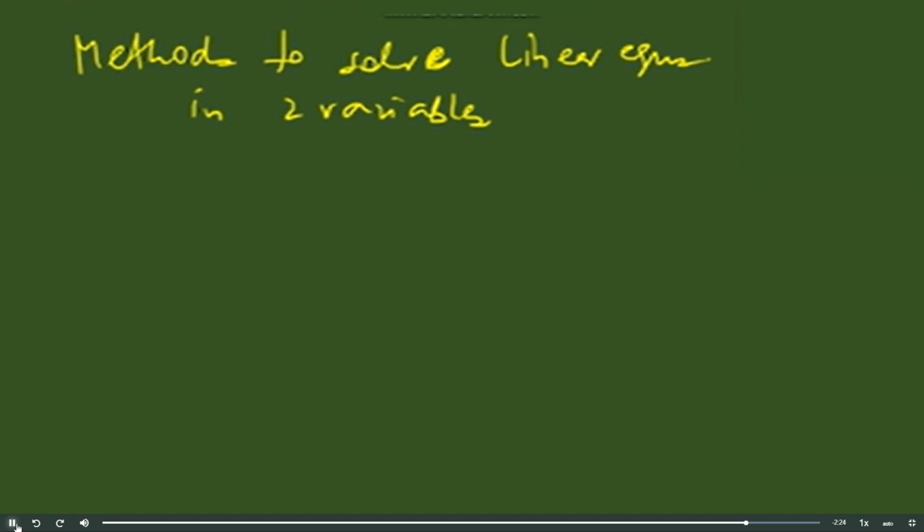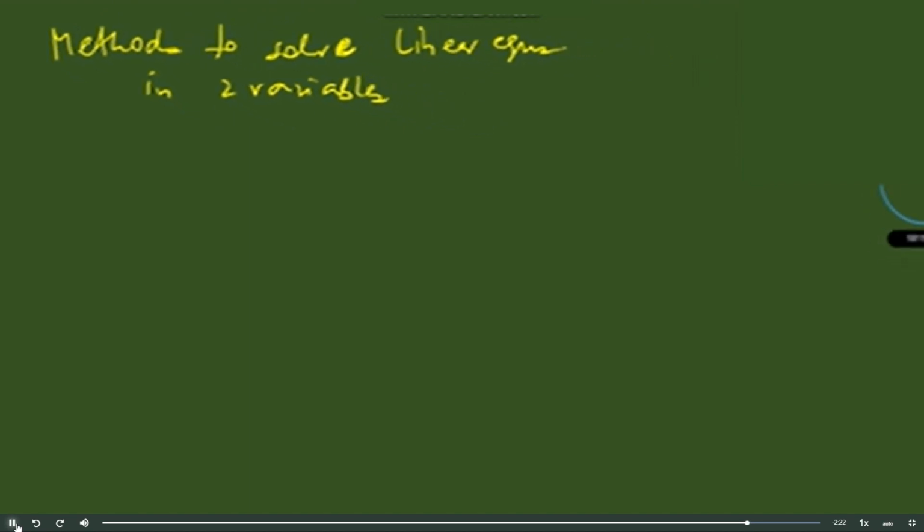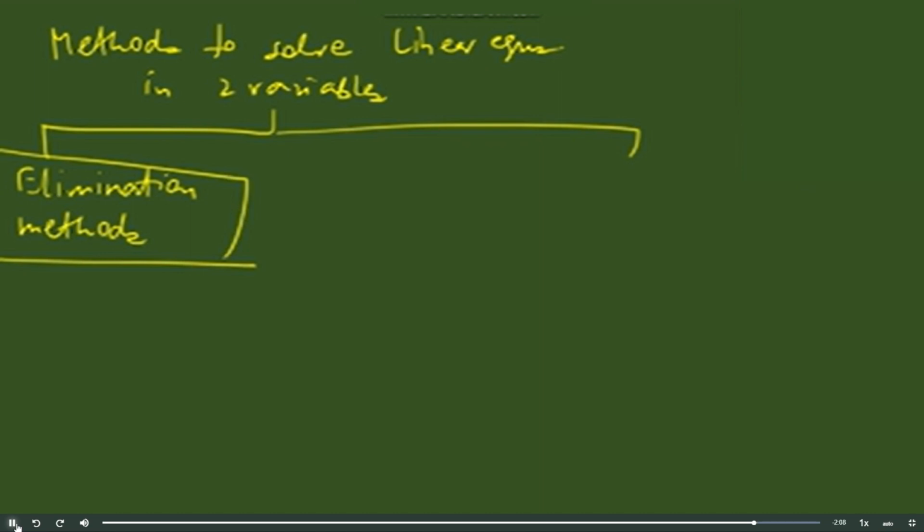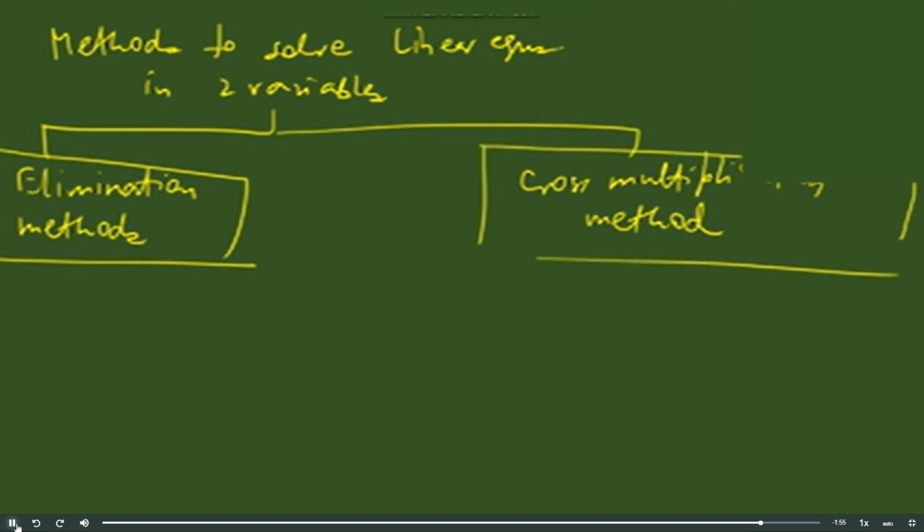The methods to solve the linear equations in two variables are: the first method is the method called elimination. Then we have the method called cross multiplication method. So let me come to the elimination method first.